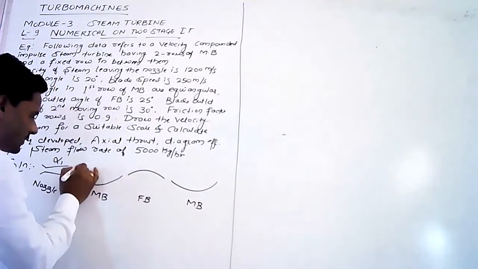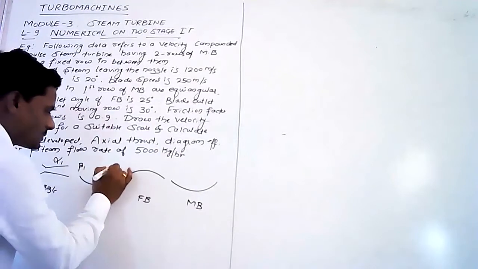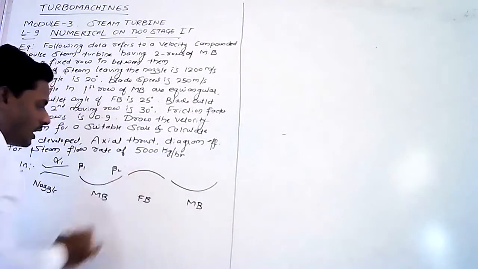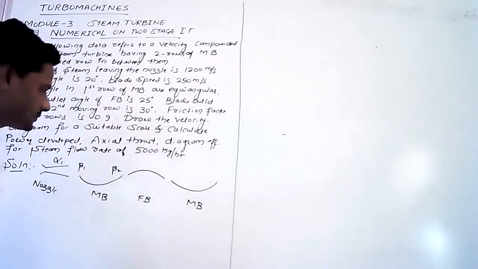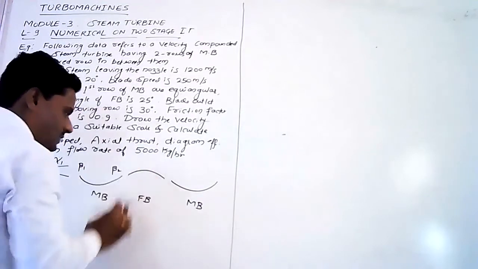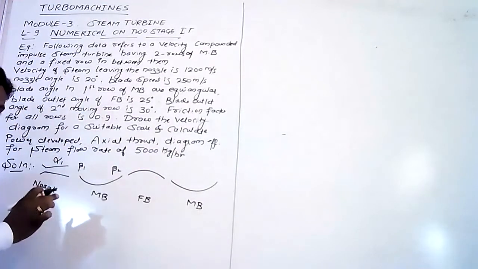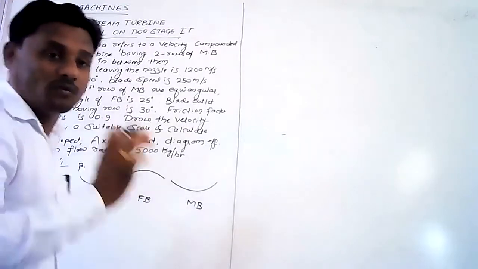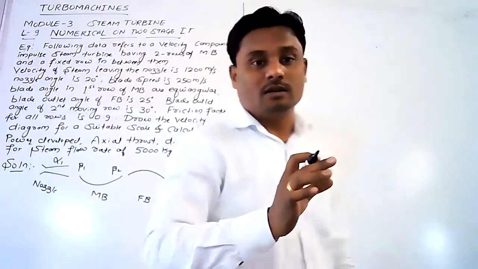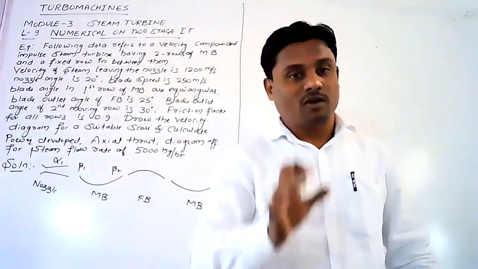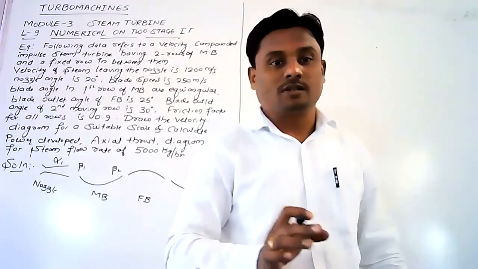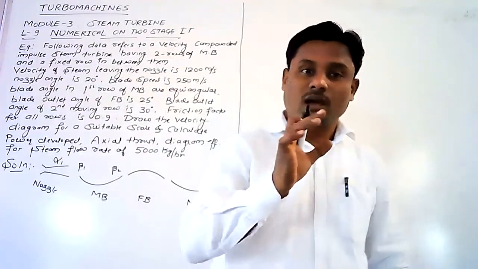Now, for moving blades, we have beta 1 and beta 2 respectively, the inlet and outlet angles of moving blade. Similarly, for fixed blade or nozzle, the symbolic representation is alpha, and for moving blades, the angle is represented by beta.